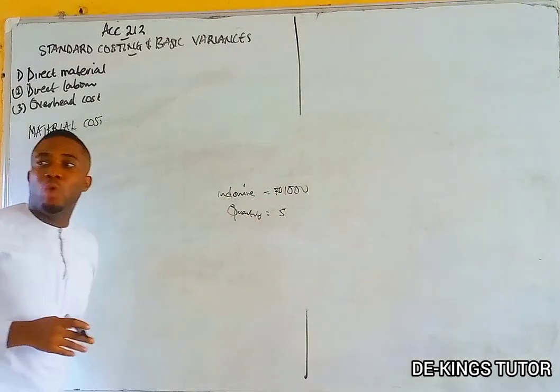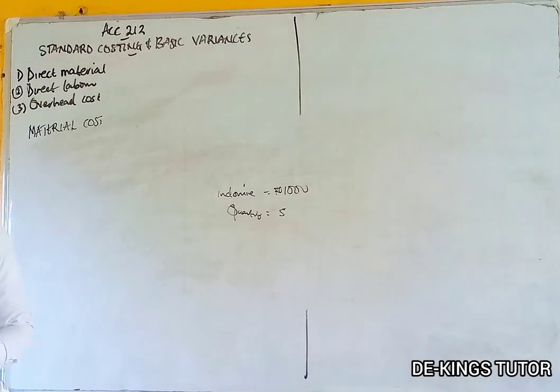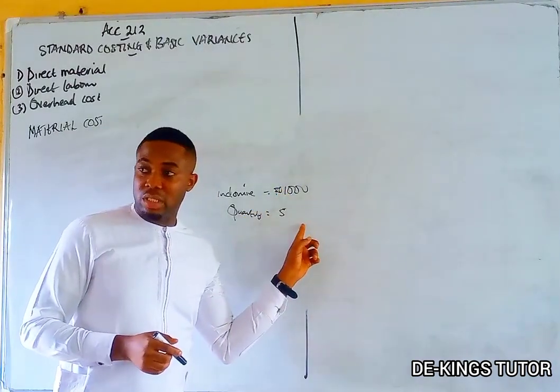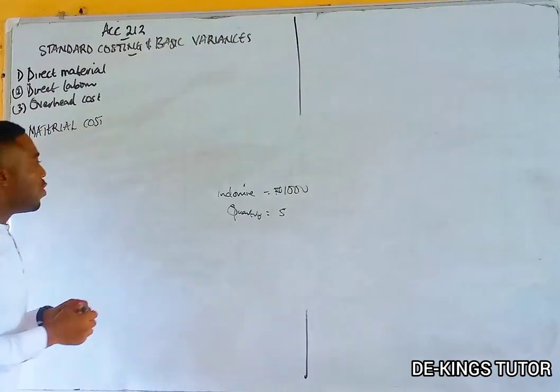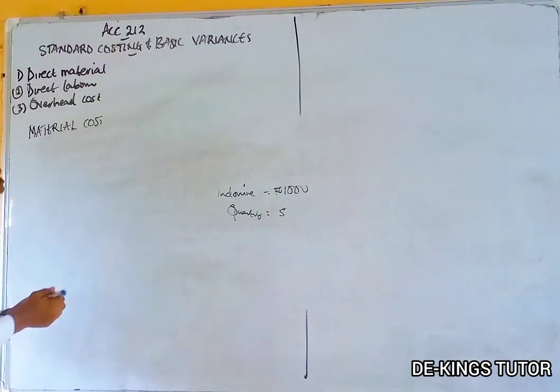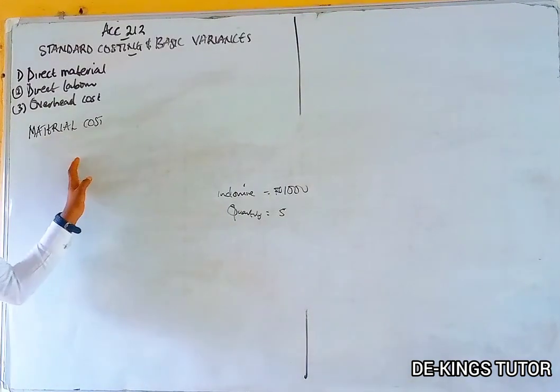So if they ask you how much did you spend, that's Indomie cost, what will it be? 5,000, right? Yes. This is the price and what? The quantity. So the material cost, when we relate it to the variance, has to do with the price and the quantity.